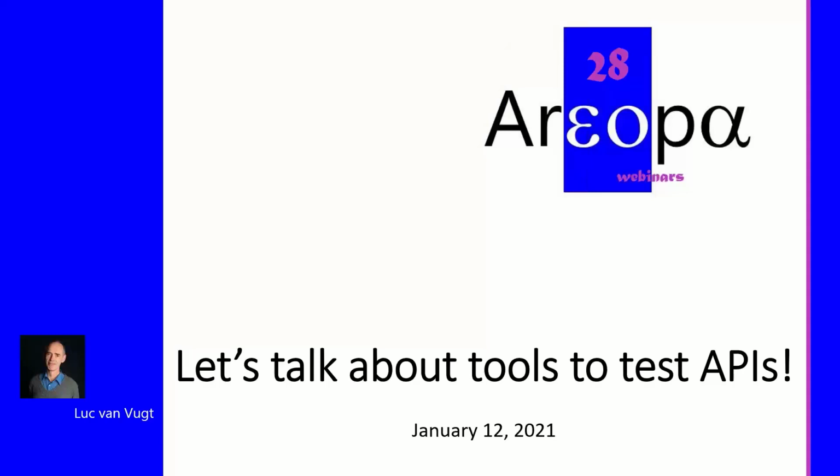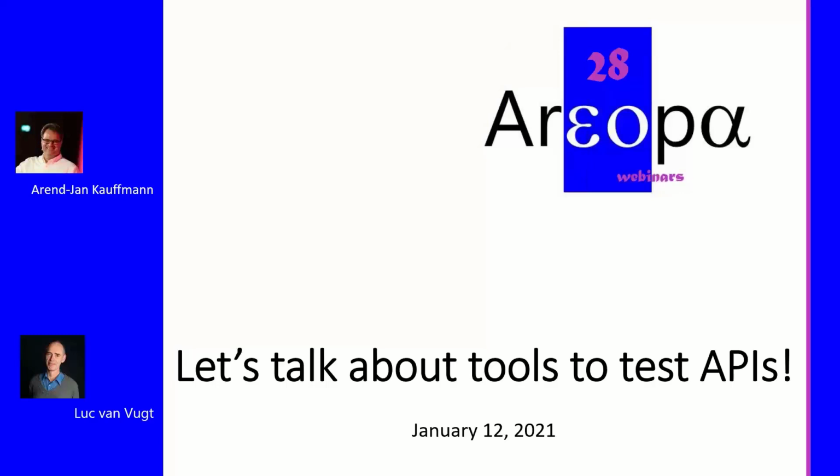Today in our webinar we have Arend-Jan Kauffmann. I more or less virtually grabbed him by his shirt and said, okay, this is a nice topic. There was a kind of discussion on Twitter, related to a blog post of Arend-Jan, and somebody asked about using Postman, etc. And then I said this would be a nice presentation for Areopa, and Arend-Jan stepped in just like that.